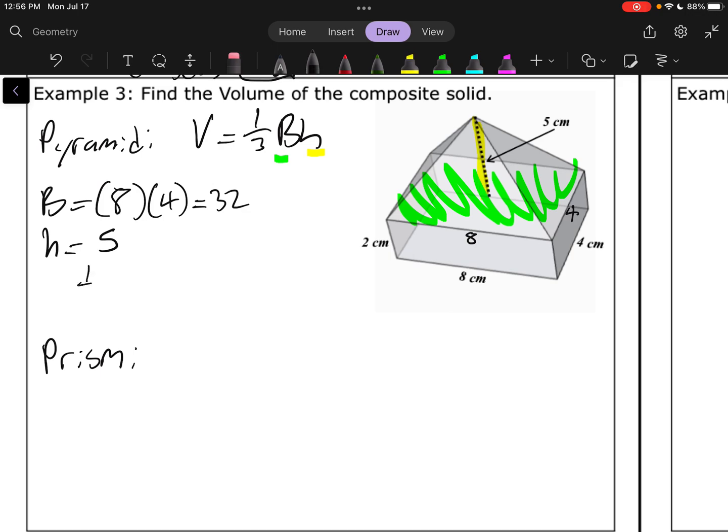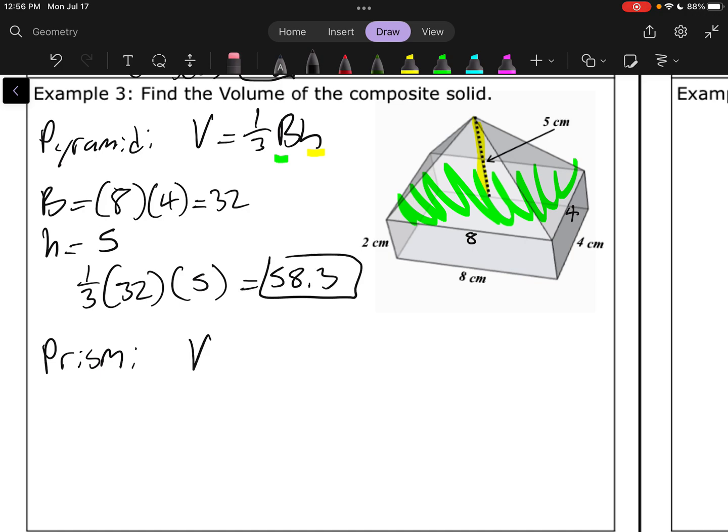So we will do 1/3 times 32 times 5. I'm getting 58.3. Once again, just rounding to the nearest tenth if I have to. And then for the rectangular prism, we have the same rectangle base, but the height of this should be the 2. So our big B is still 8 times 4, which is 32.